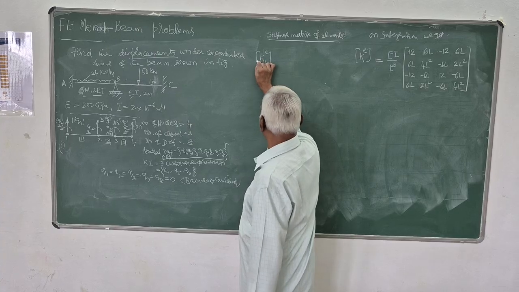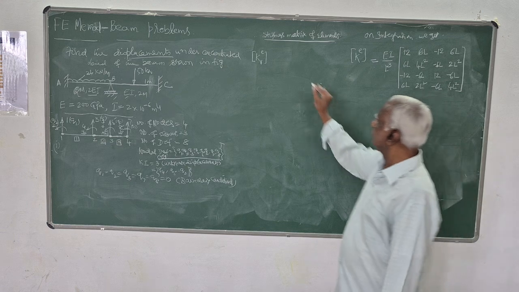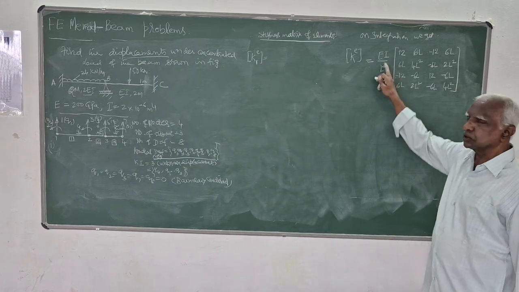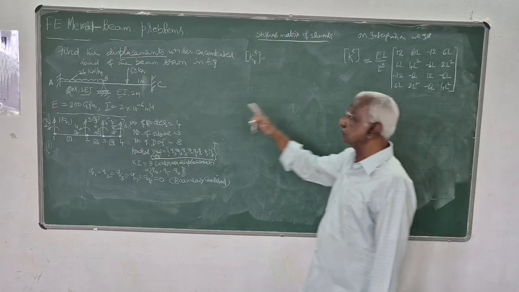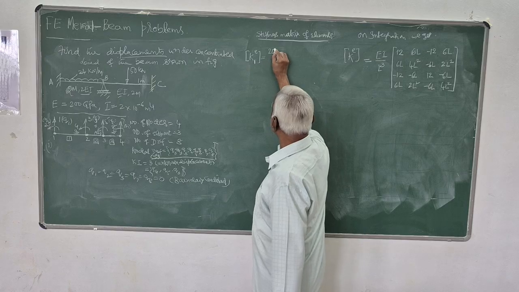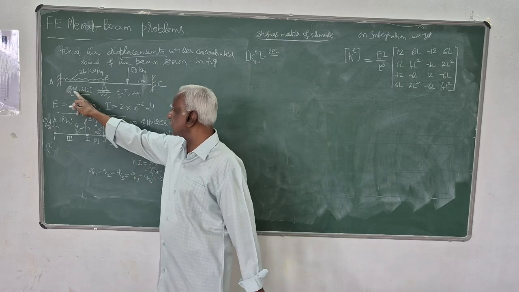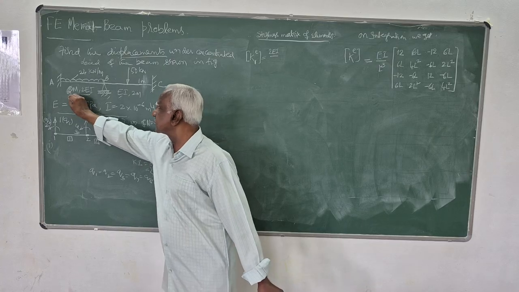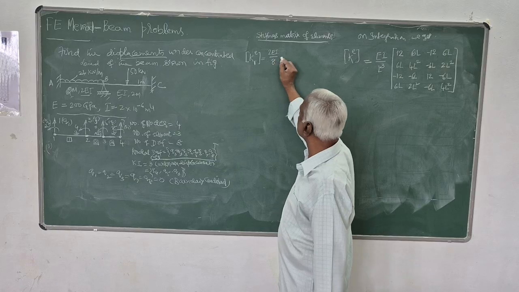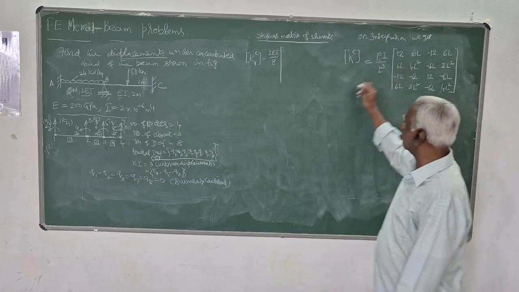For the first element, stiffness matrix K1e is equal to EI by L cube, EI is 2EI, so 2EI by L cube. L for the first element is 2 meters, 2 cube, that is 8, into 12.